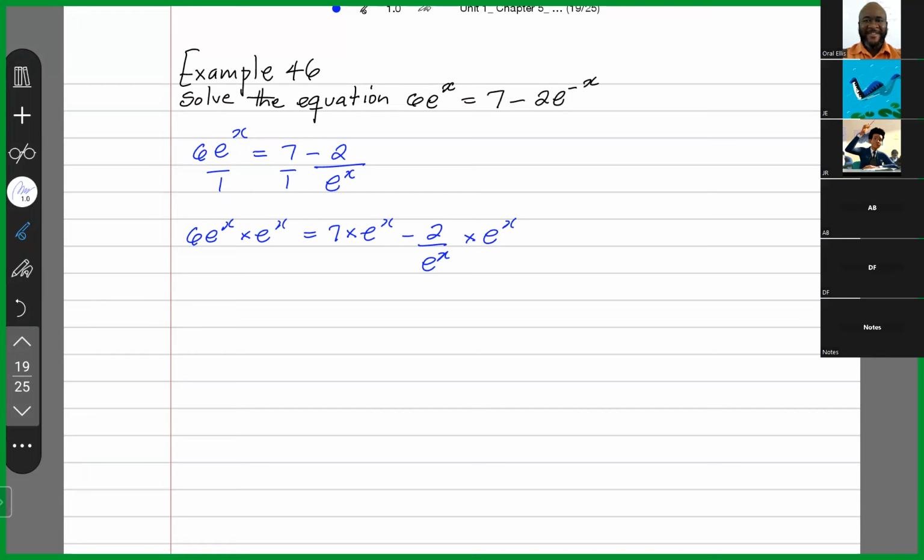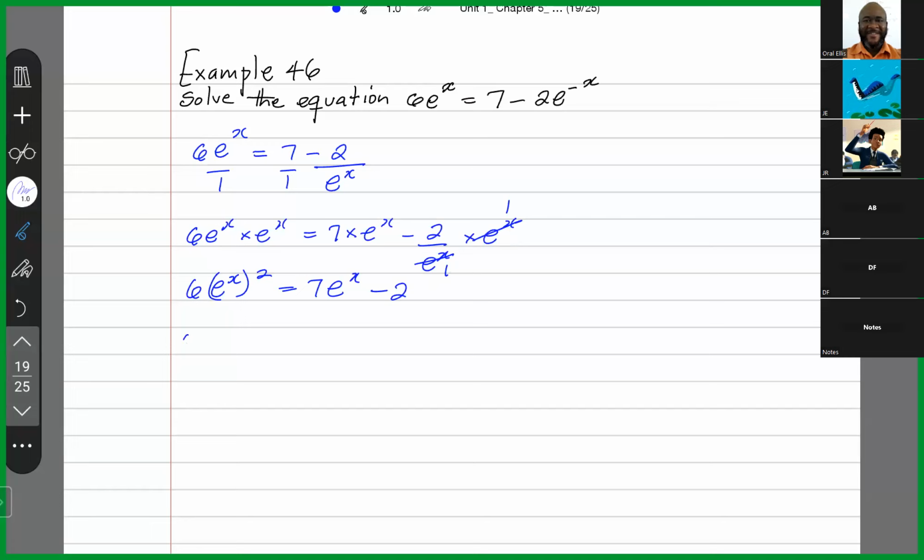So what I now have is 6 e to the x times e to the x is e to the x squared, is equal to 7 e to the x minus 2, because e to the x cancels e to the x.